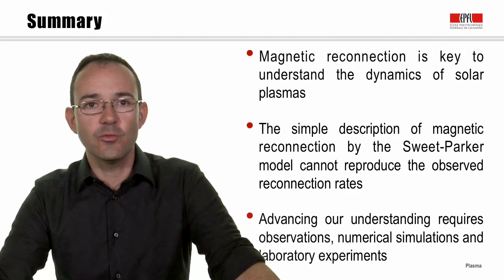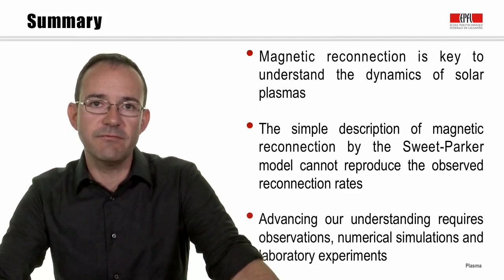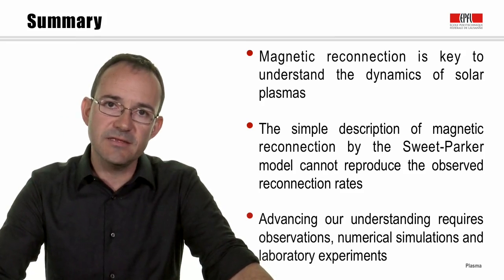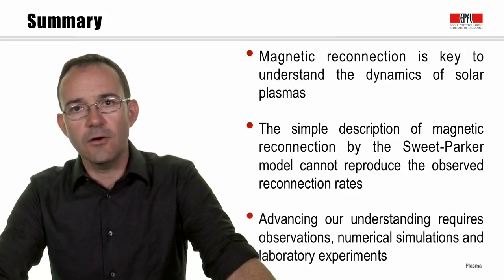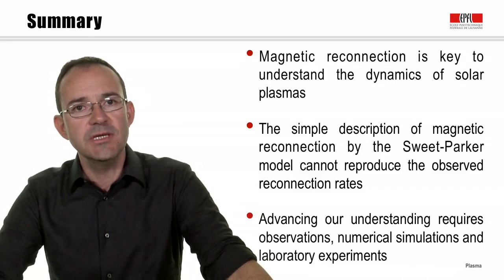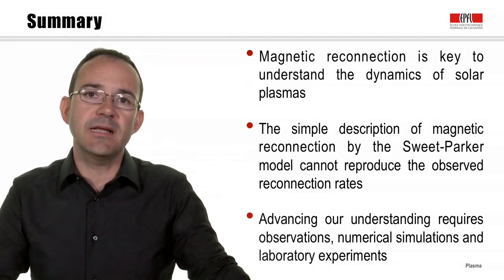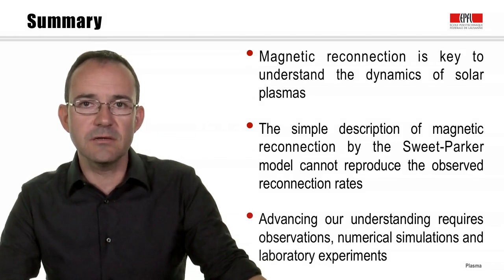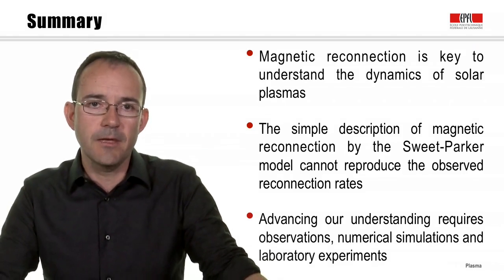In this module, we have explored the dynamics of solar flux tubes. They are affected by the plasma flow, and their opposite magnetic fields reconnect, change the plasma topology, and dissipate a large amount of magnetic energy that goes into particle acceleration and plasma heating.